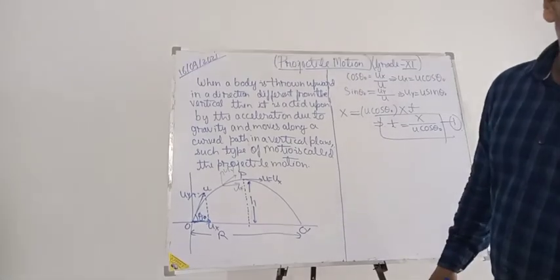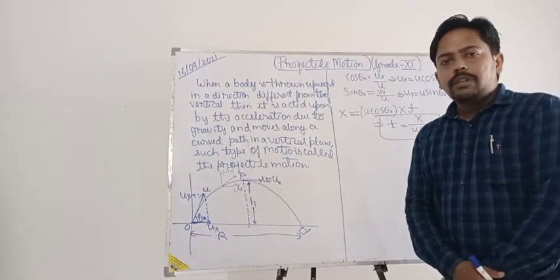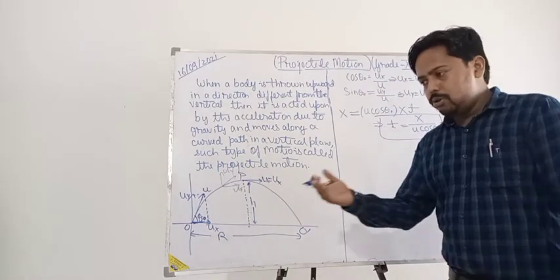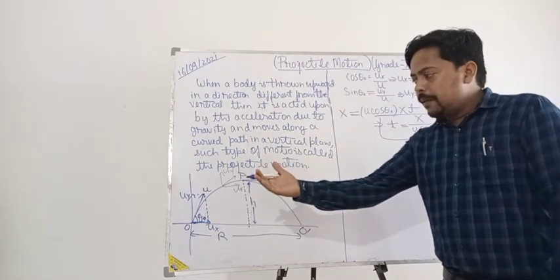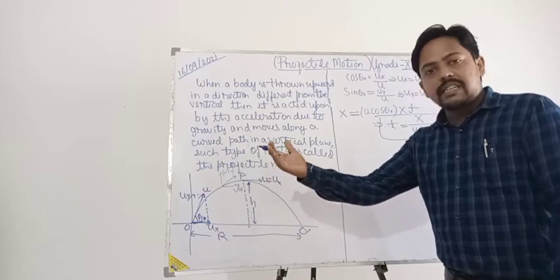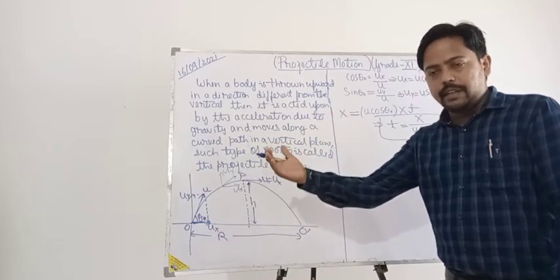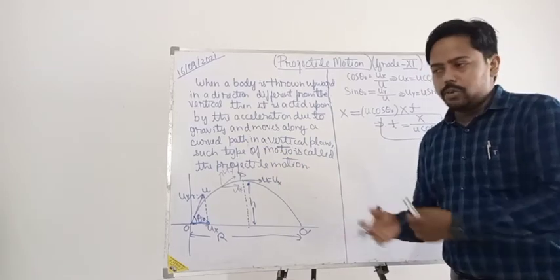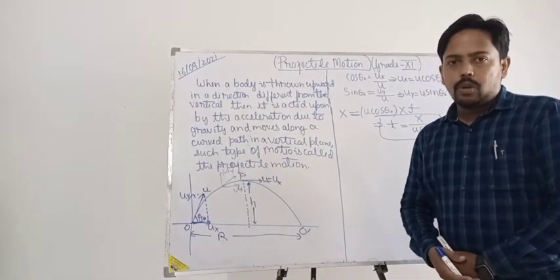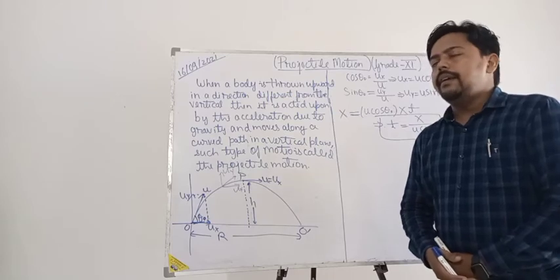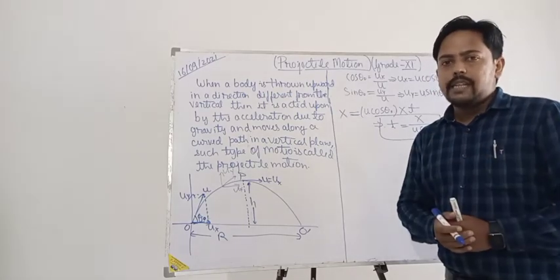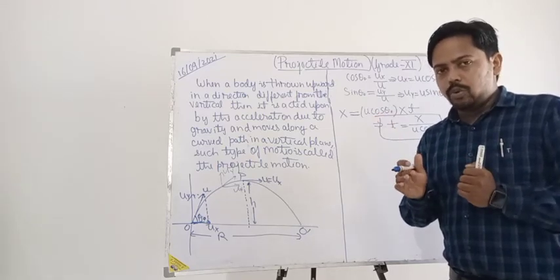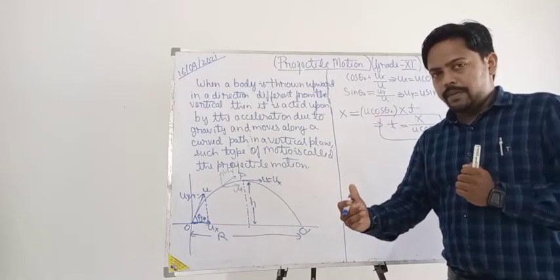Now we better know the 3 equations of motion that we studied in our previous chapter, motion in a straight line, and we also saw a glimpse of them in class 9. According to that, the second equation of motion tells about the displacement of the particle: s is equal to ut plus half at square.